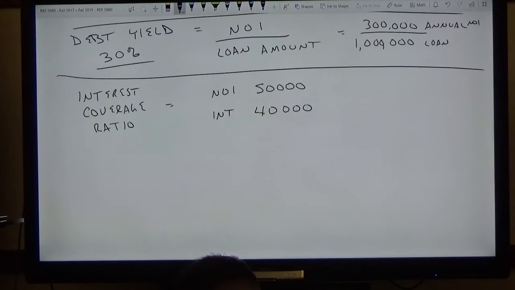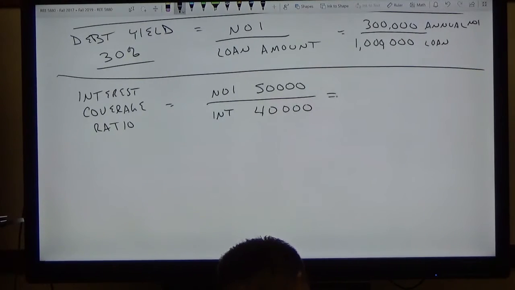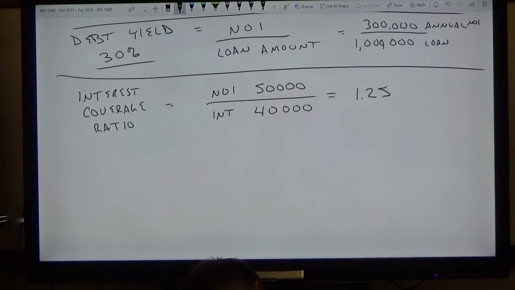what do you think you're going to do? Divide it. Okay, 1.25.